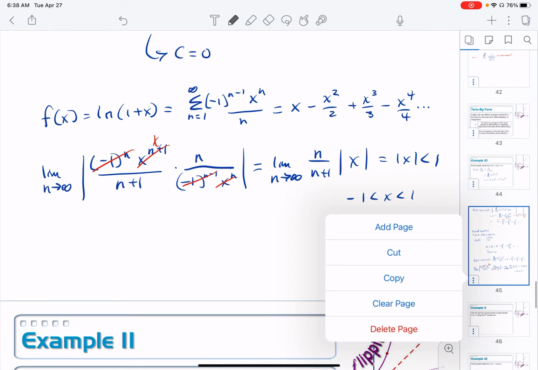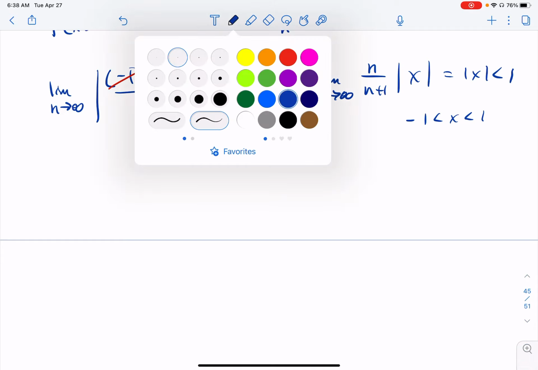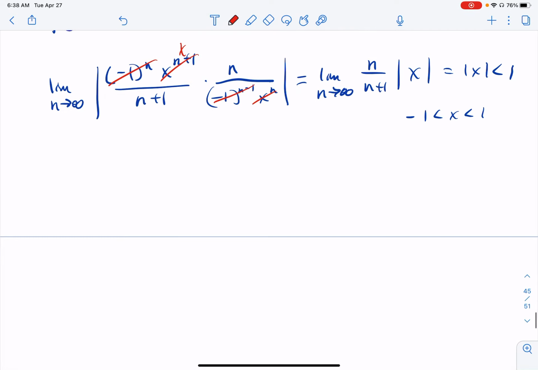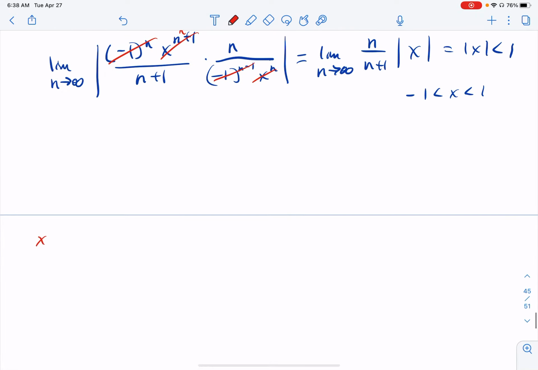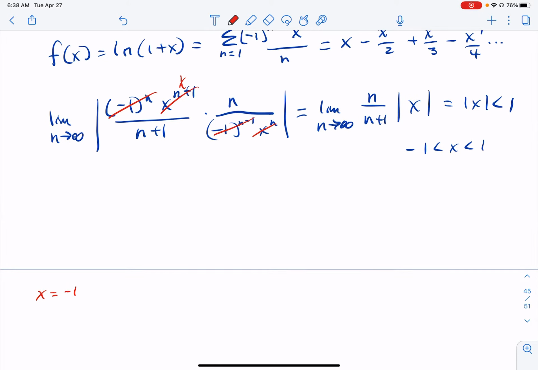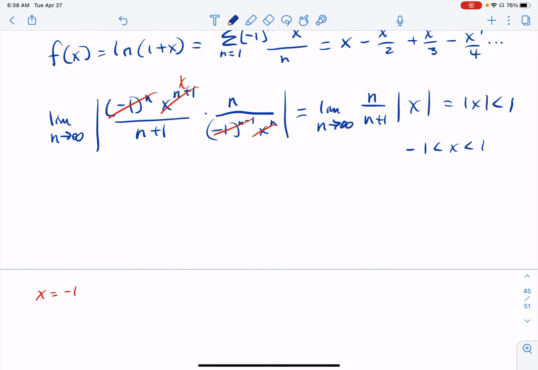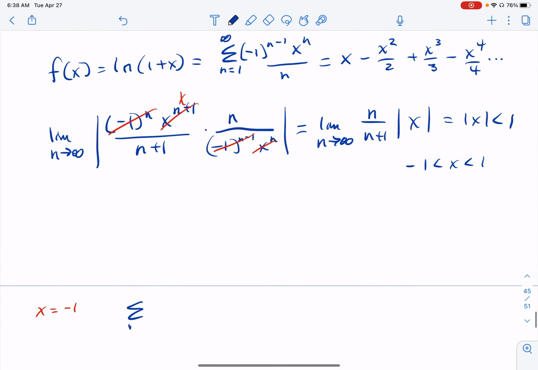And I am running out of room, so I need an extra page. Man, this looks so familiar. Have we already done this? Probably on the last exercise. x is equal to negative 1 whenever I plug that in here for our summation, n equals 1 to infinity.